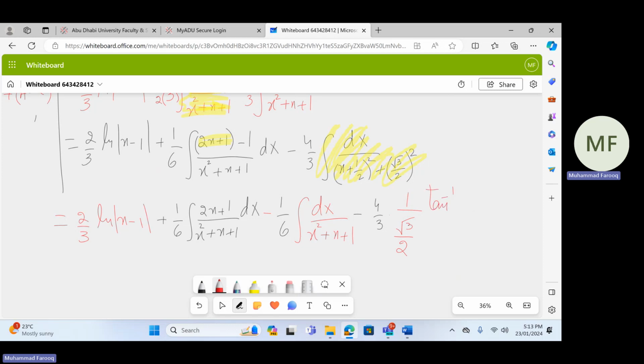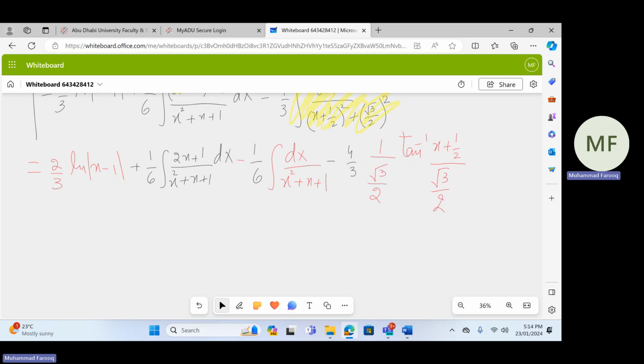Your x is x plus 1 by 2, divided by a, which is root 3 over 2. This you can copy paste here, because this is the same thing you did here. It is x squared plus x plus 1, same thing, because here we need completing square method again. Copy paste it like that. Don't do it again.